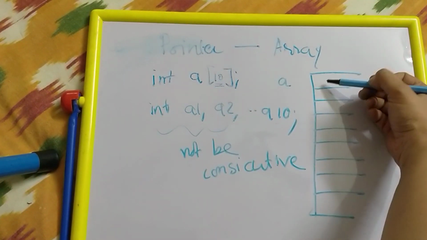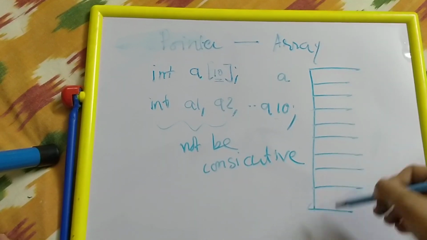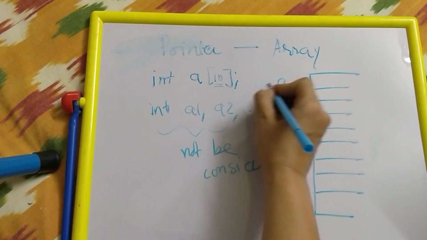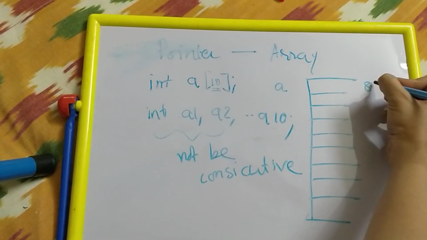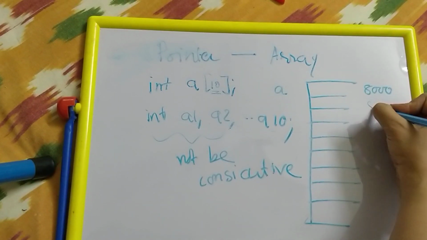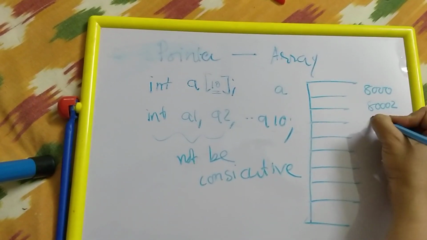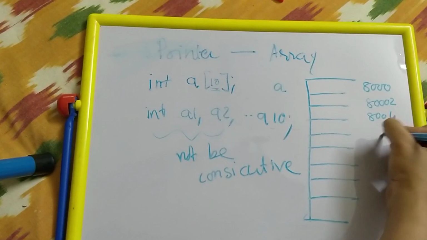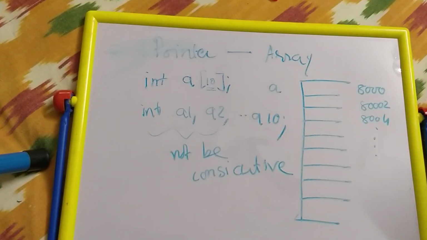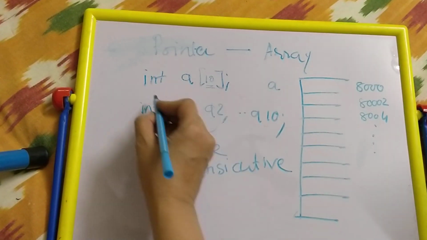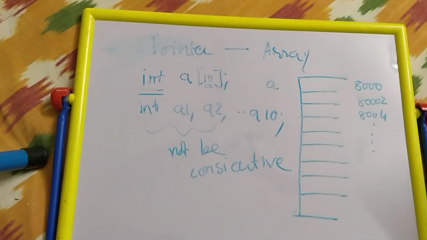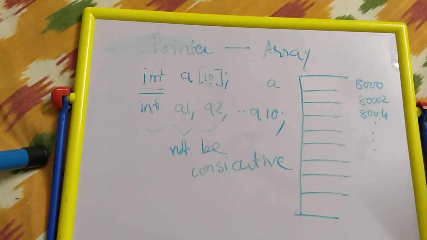Consecutive in the sense they appear in the chronological sequence, right? For example, if the memory address here is 8000, this would be 8002, 8004 and so on. The gap is of value 2 because it is an integer array where a single integer value requires 2 bytes to be stored.